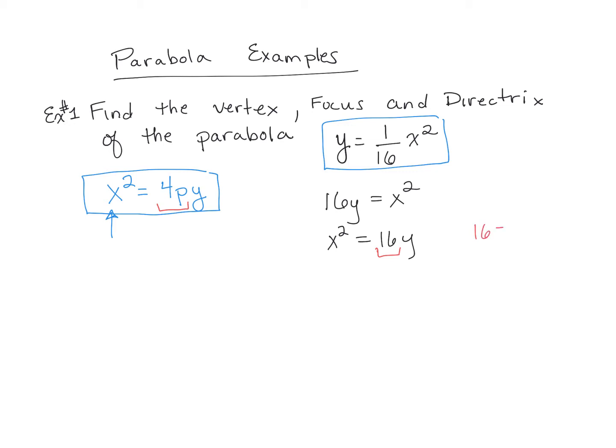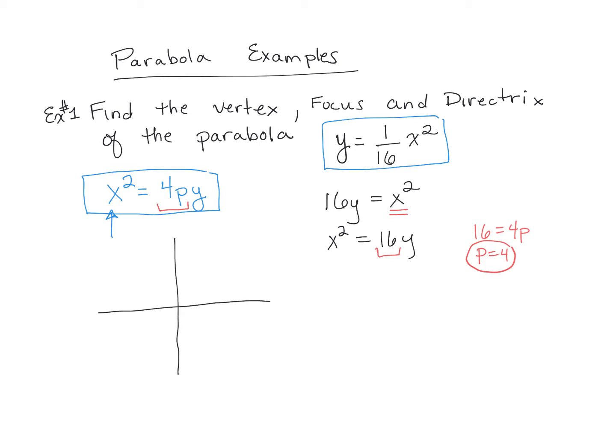So if 16 equals 4p, then p is equal to 4. So this is a distance from the vertex to the focus, and also from the vertex to the directrix. Because it's positive and we have an x squared, we're going to have a parabola that opens up.